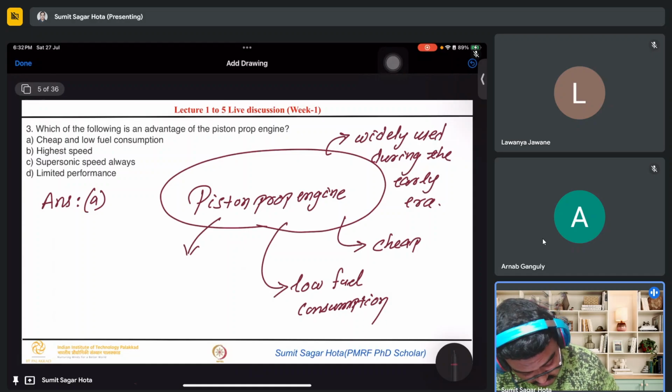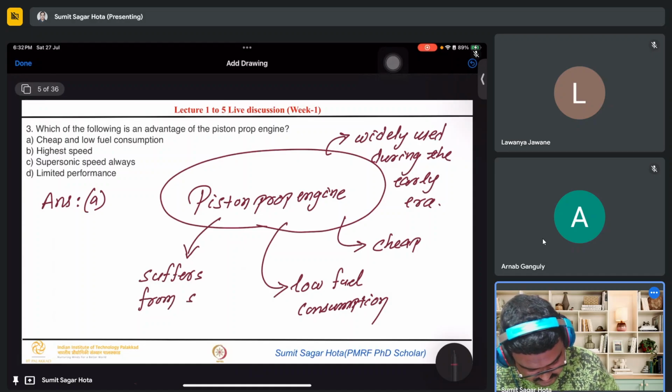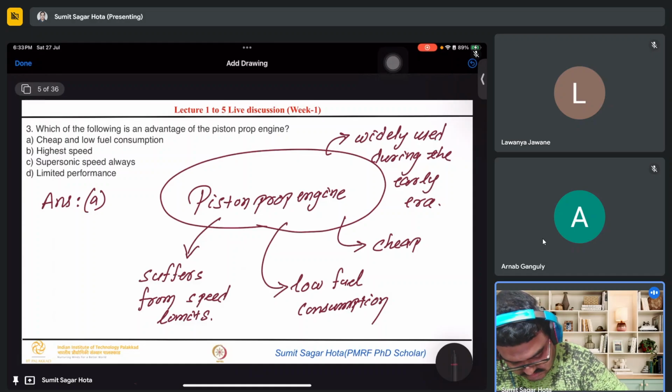Because it cannot go at very high speed. So that is the answer to this question.